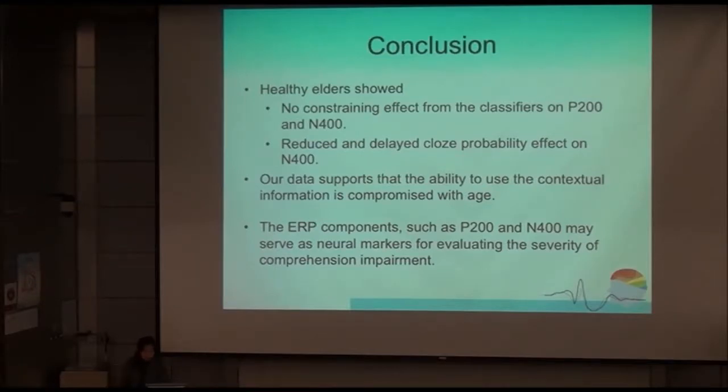And also we suggest the ERP components such as P200 and N400 may serve as neural markers to evaluate the severity of comprehension impairment. So this is something we want to use in future studies for the early identification of elders with mild cognitive impairment and also dementia.